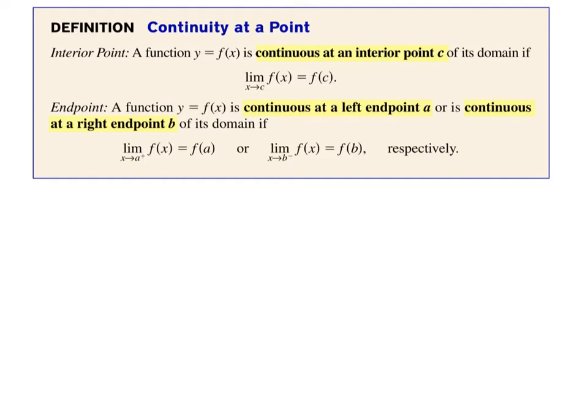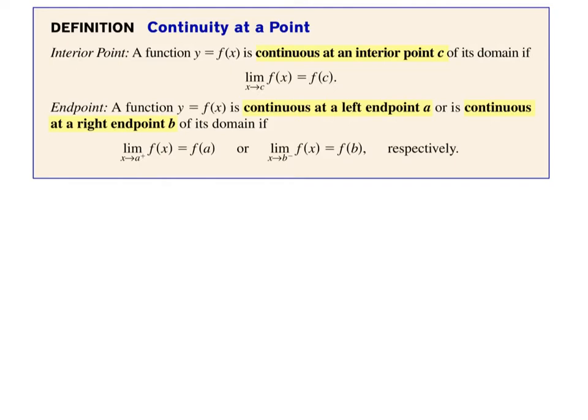So if we're looking at that 10 value, it would be defined as continuous with the limit of f of x as x goes to b from the left equals f of b. It would be limit of f as x goes to 10 from the left is equal to f of 10.